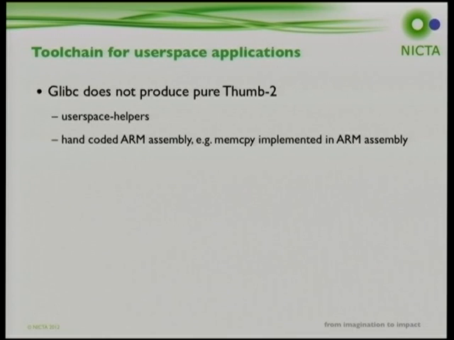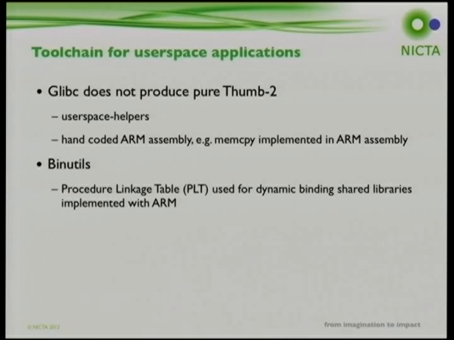You can compile it for Thumb2, but it has a whole bunch of optimizations done in ARM assembly, which we had to get around, and that involved patching. Also, the calls to user space helpers from the kernel still assume that these helpers are implemented in ARM, so we had to change that as well to keep the CPU in Thumb mode when calling those.